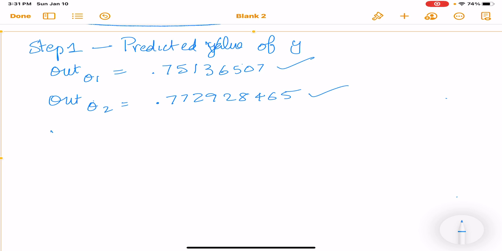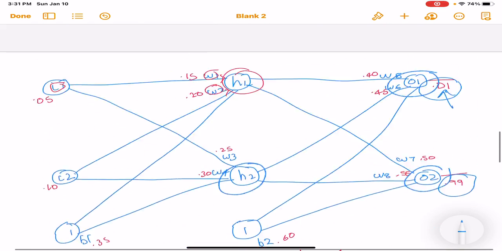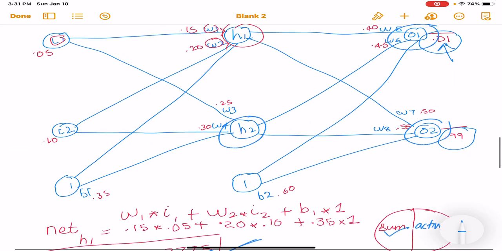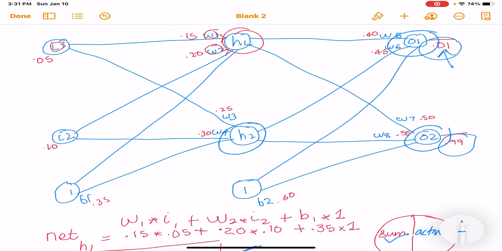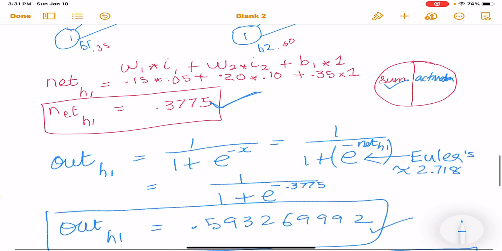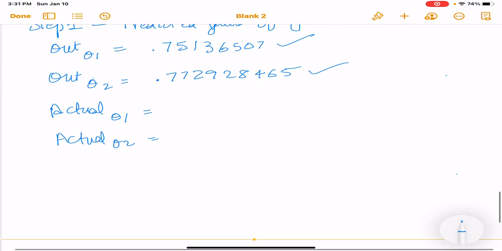So we know from our network that the actual value of O1 according to my labeled data set is 0.01, and for O2 it is 0.99.